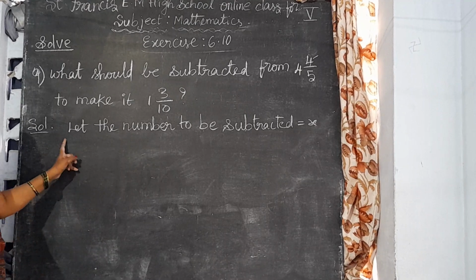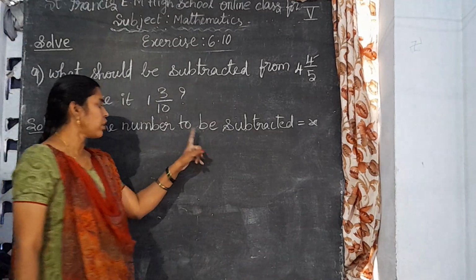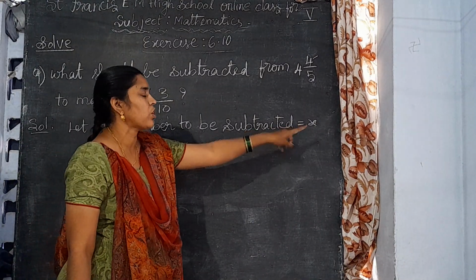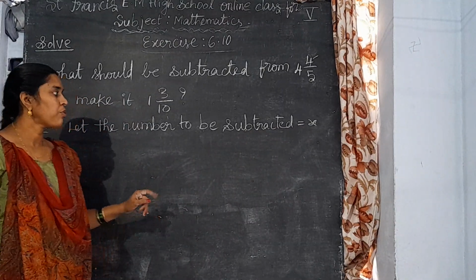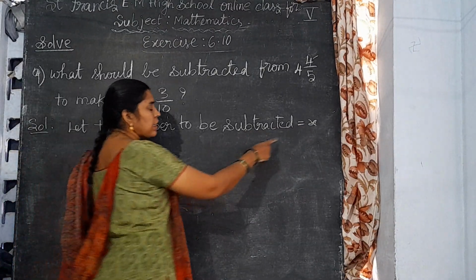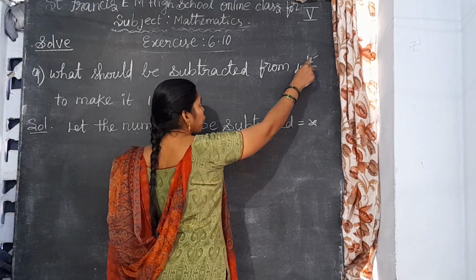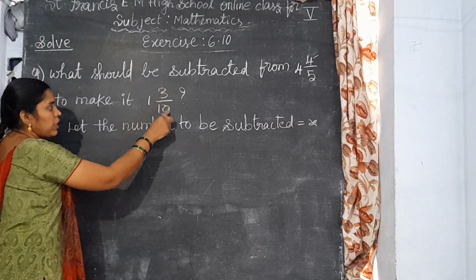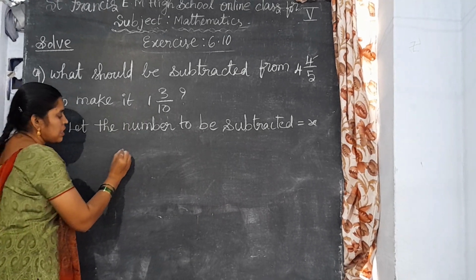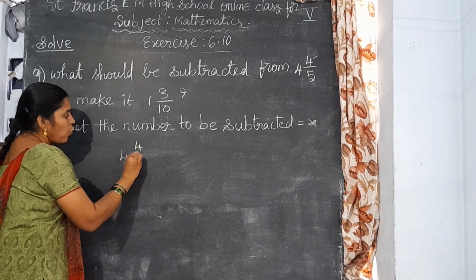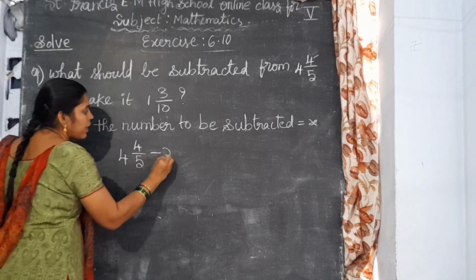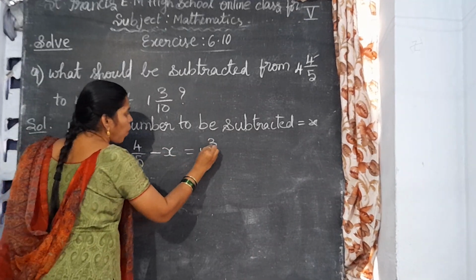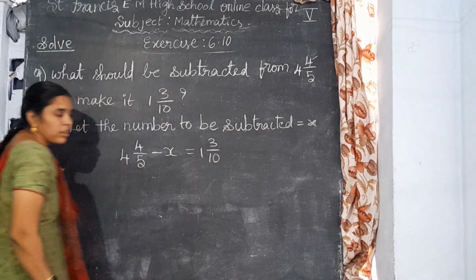See children, let the number to be subtracted be x. From which number are you subtracting this x? From 4 by 5. Then the result is 1 3 by 10. That can be written as 4 by 5 minus x is equal to 1 3 by 10.